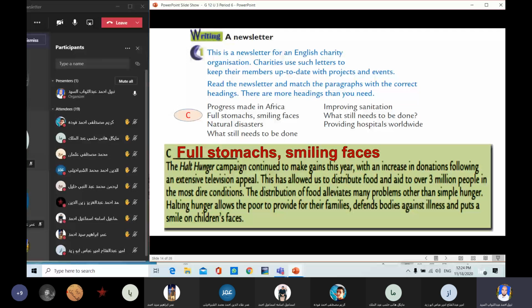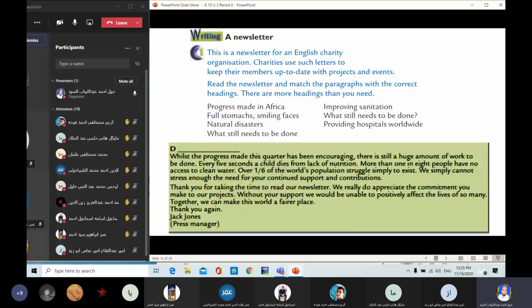Please read it silently and choose the correct heading. As we said, there are more headings than you need. This is the last paragraph. It's a conclusion.